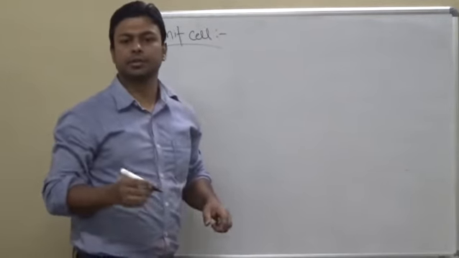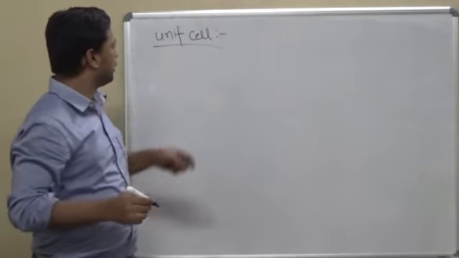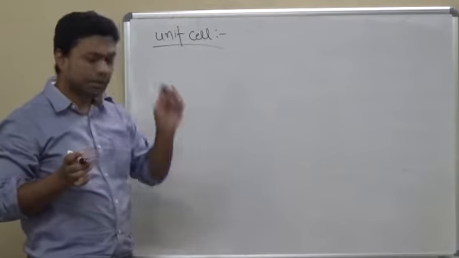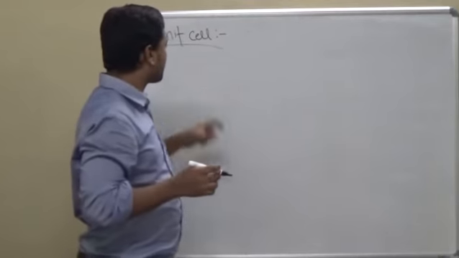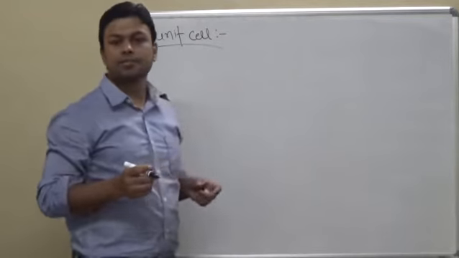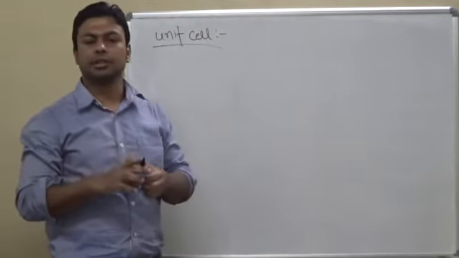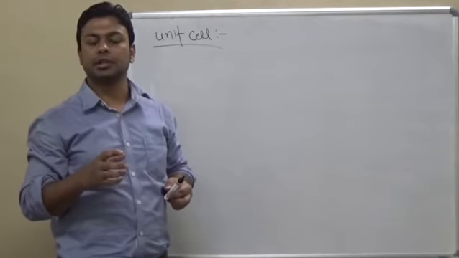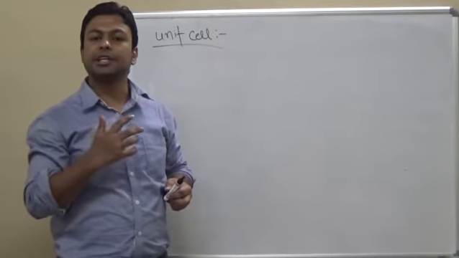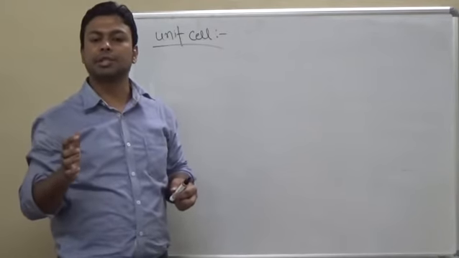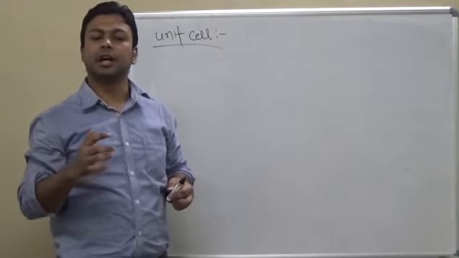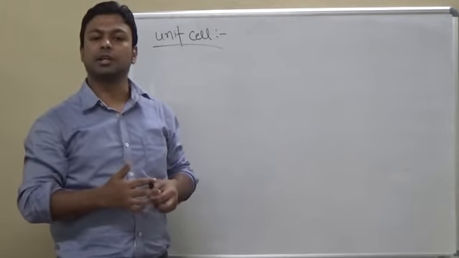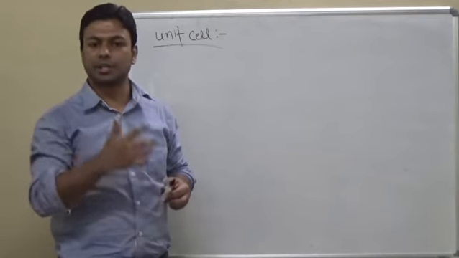What is a unit cell? Unit cell is the smallest possible unit or part of a crystal which is repeated indefinitely in 3 dimensions such that we'll get a crystal structure or a space lattice.